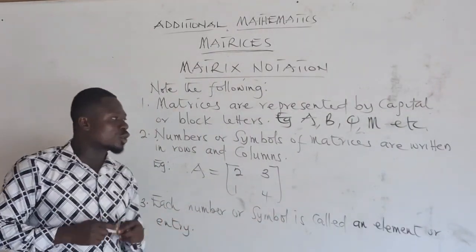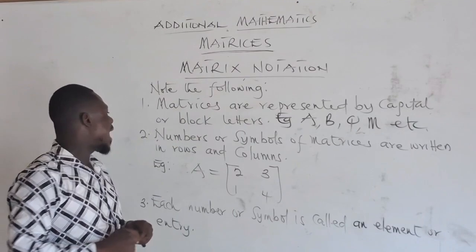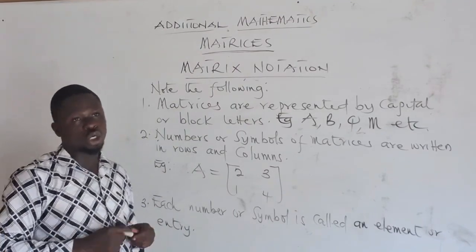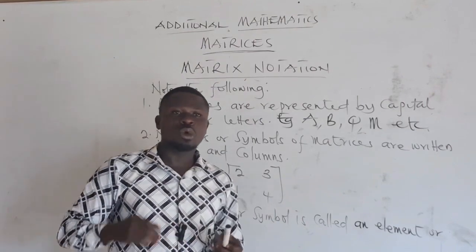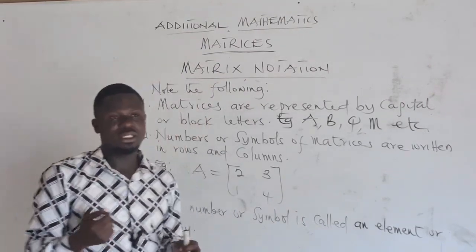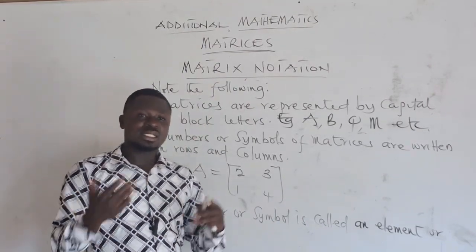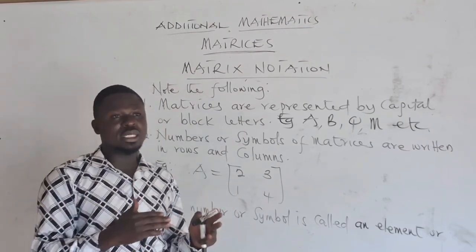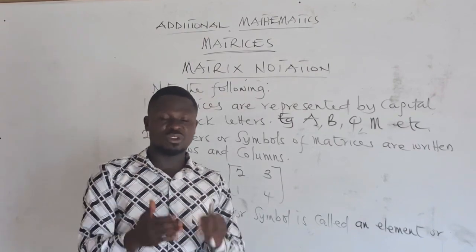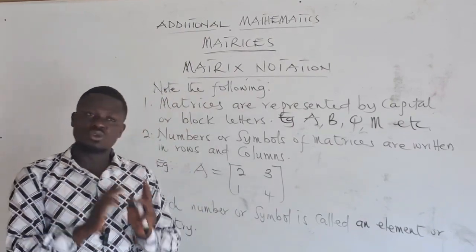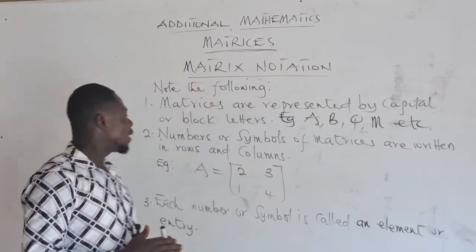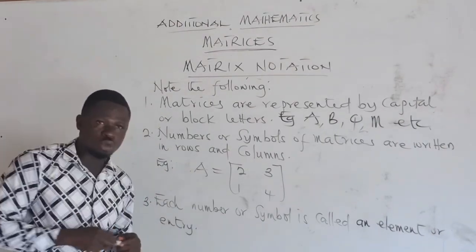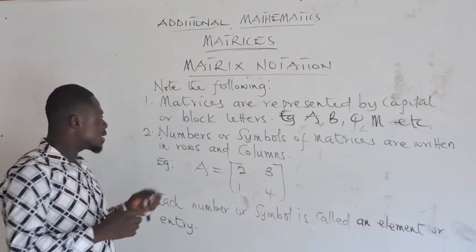2. Numbers or symbols of matrices are written in rows and columns. As seen in the definition, the numbers or symbols of matrices are written in rows and columns. Now let's use this example to explain this statement.